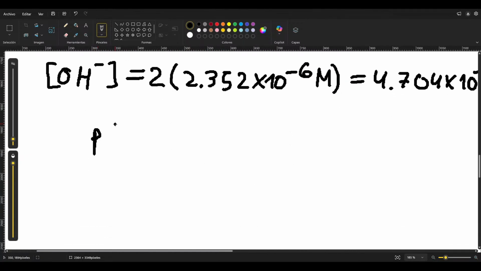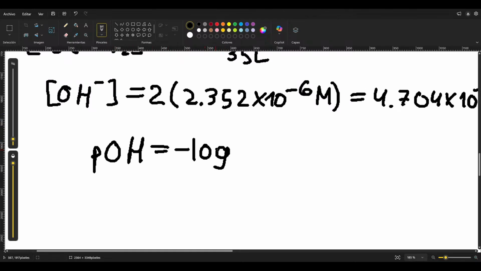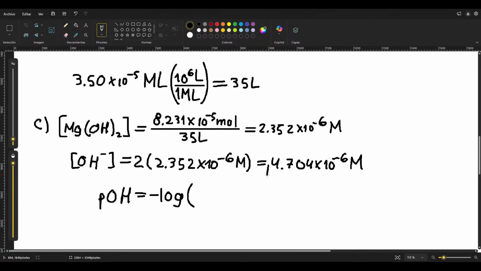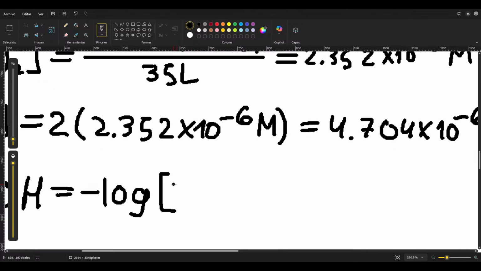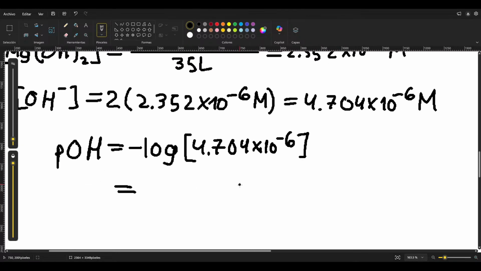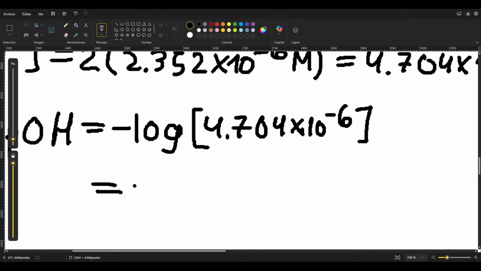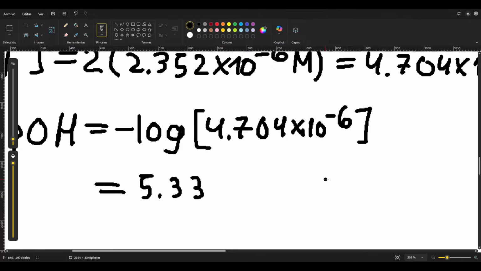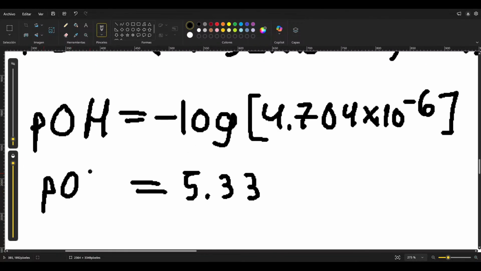So pOH is minus log of this specifically. So it is going to give 5.33.